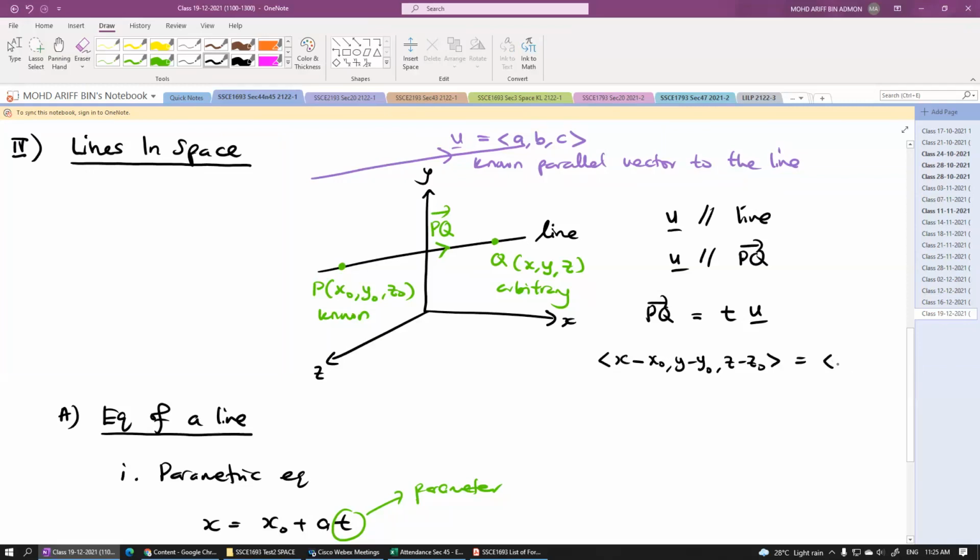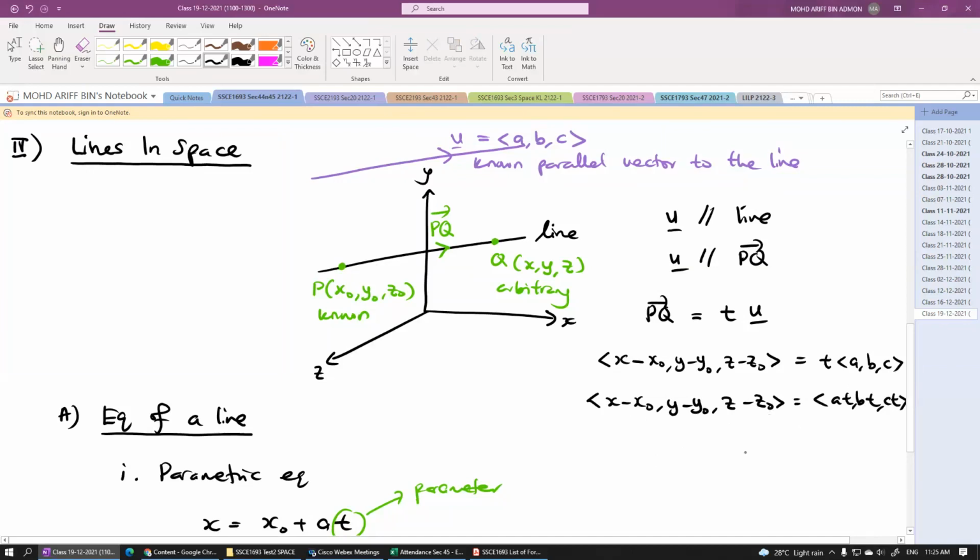Then we simplify, expanding the right-hand side, to get at, bt, ct.